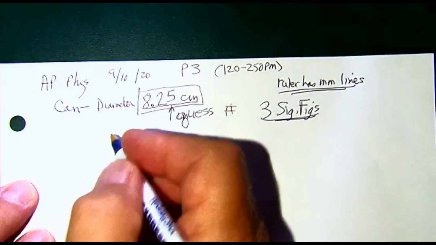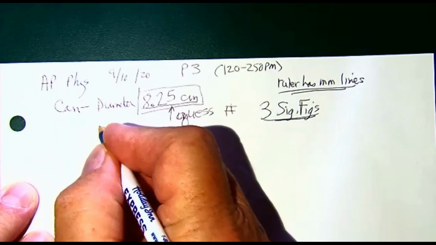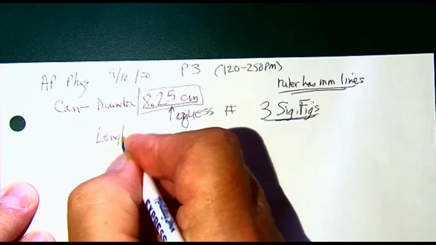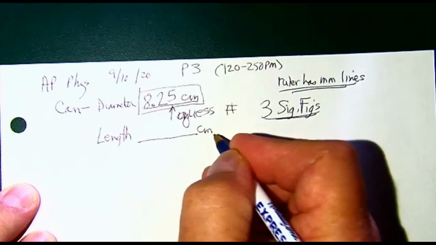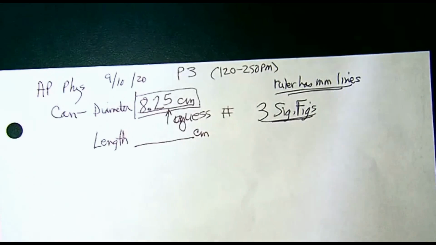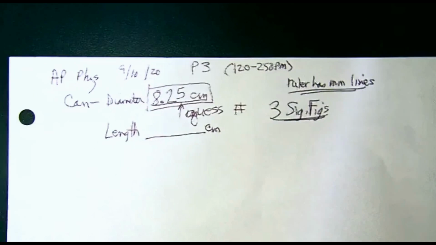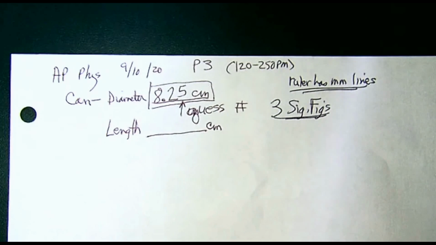Okay, now we've got the diameter. Let's go ahead and get the length, which is actually the height of your cylinder. Go ahead and do that and write that down using our rules of measurement.